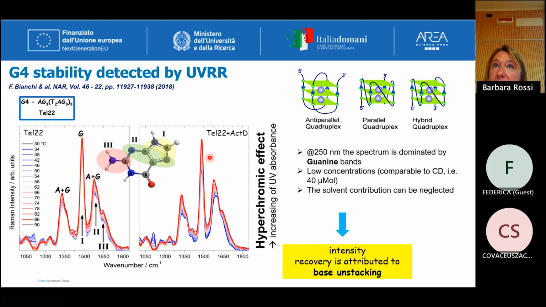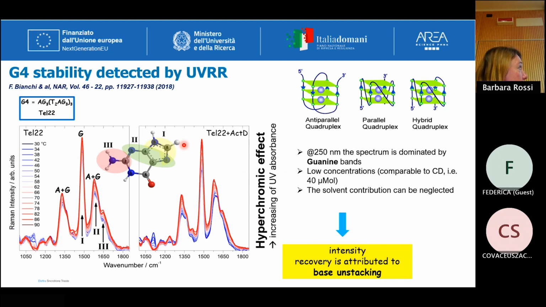In particular, the intensity of this band, in this case we study the intensity as a function of temperature, is strongly related to the base unstacking localized on these guanine bases. So this means that we can associate the change of the intensity of this band with the change of the base unstacking, which is in turn related to the stability or instability of different DNA or G quadruplex structures.